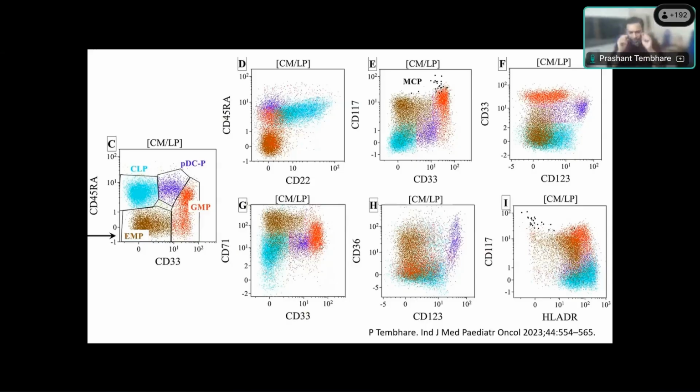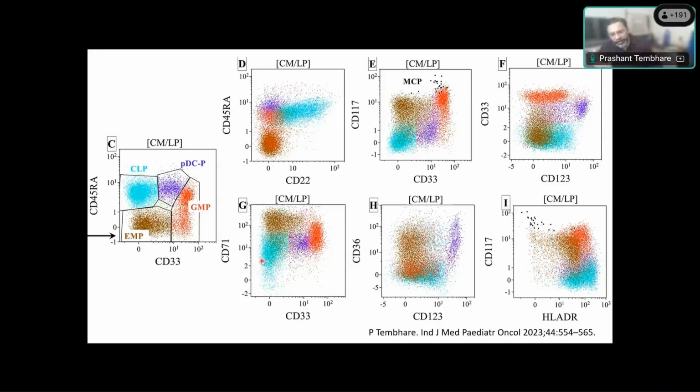Now the other terminology I am going to use: moderate or bright, and dim or negative. When I say negative, it means close to 0. When we say bright, it is the highest of the dot plot on the same axis, and when it is between negative and highest expression, I would consider it moderate or weak expression.